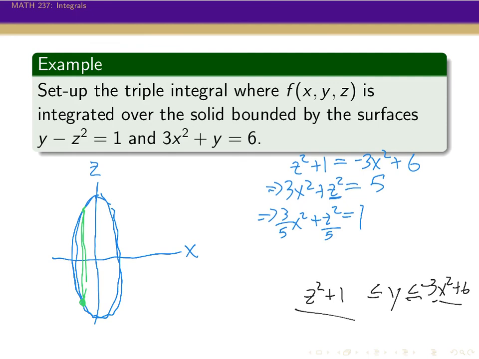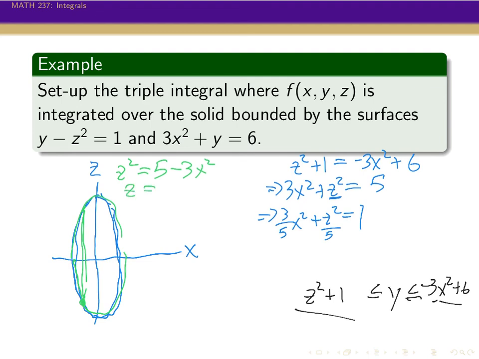And so we need to be careful with the signs when we take the square roots, because the negative part of the square root is going to be our bottom bound, and the positive side of the square root is going to be our top bound. Okay, so taking this, solving for z, z squared is equal to 5 minus 3x squared.